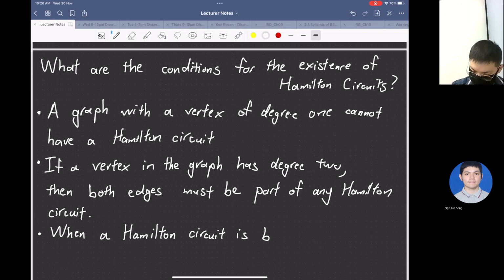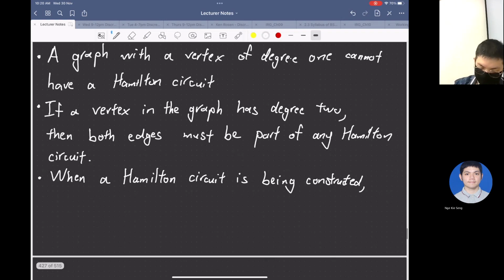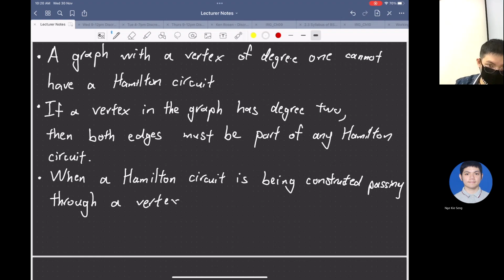So when the Hamilton circuit is constructed passing through a vertex, then all the remaining edges you don't need to care about anymore.